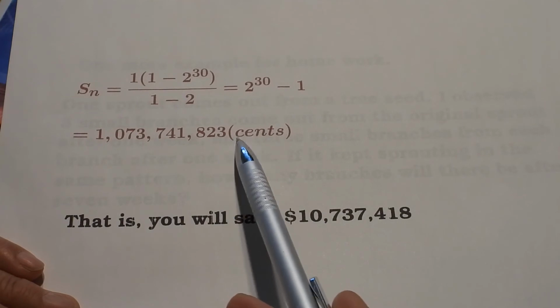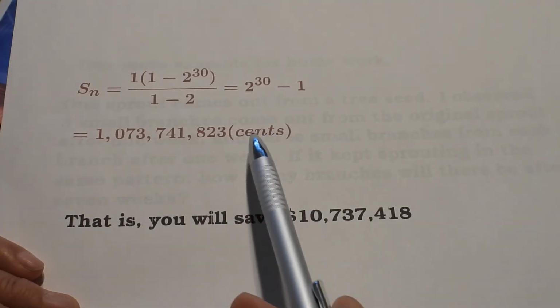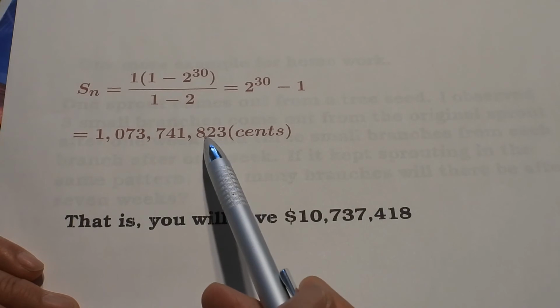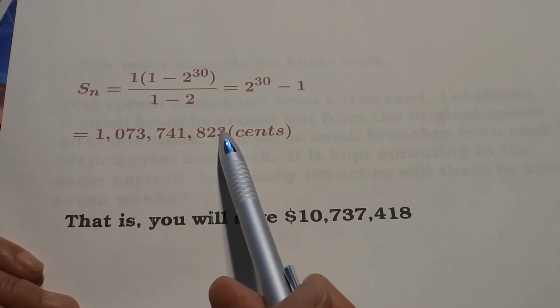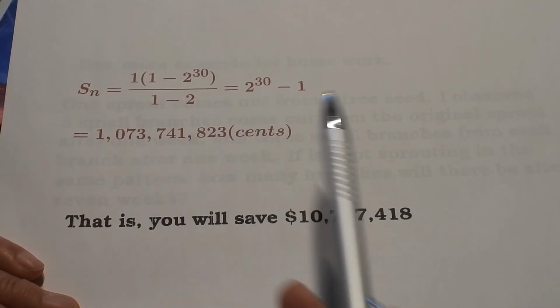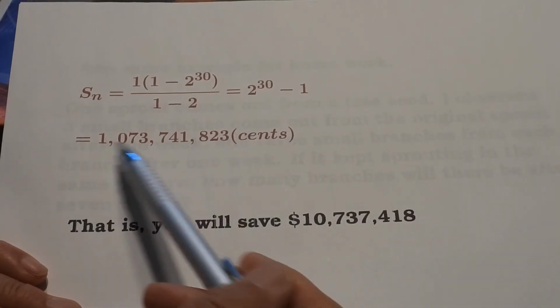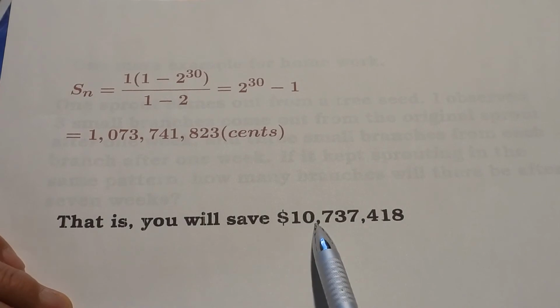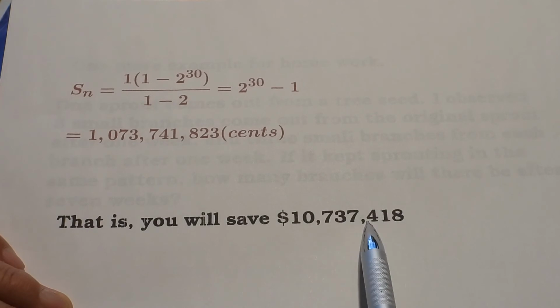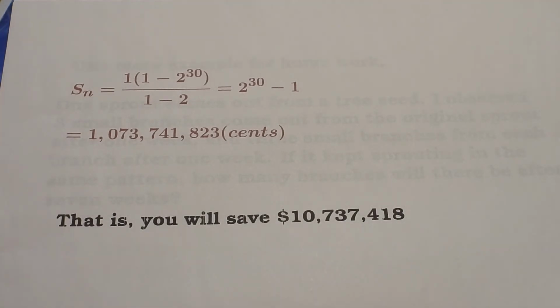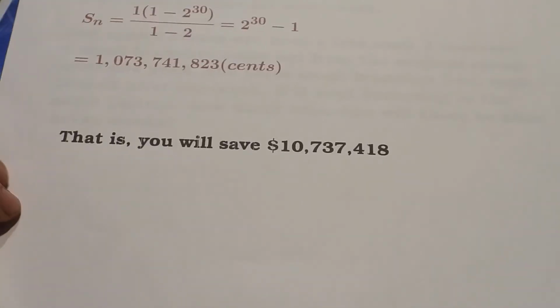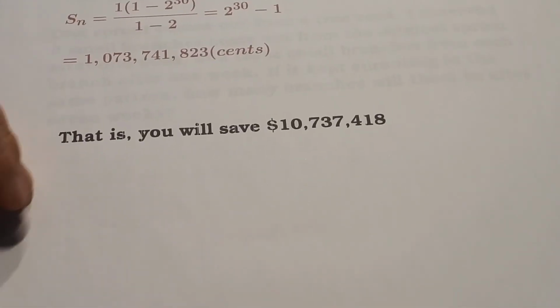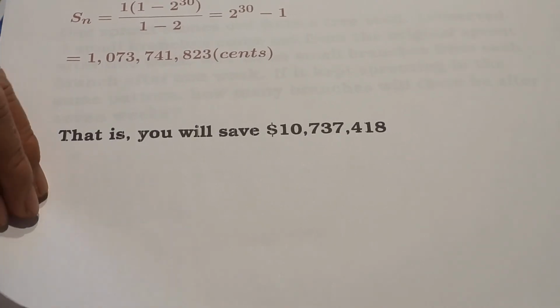But don't be shocked, this is in cents. To convert to dollars, you have to chop off the last 2 digits. Then you can see, right, how much? Big money or not? 10,737,418 dollars in 1 month, right? Even though you start with 1 cent, it's not a joke, right?